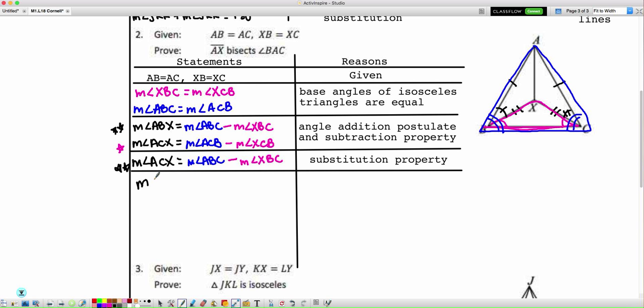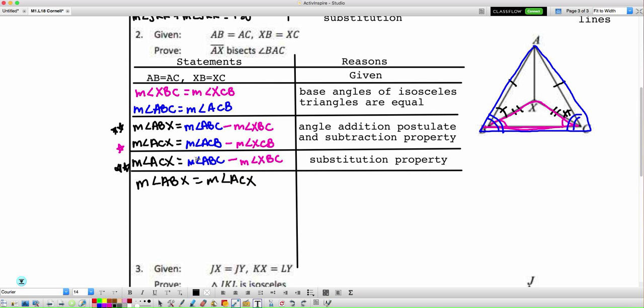So I can set them equal to each other. ABX equals ACX. When two things equal the same thing like that, I would use the transitive property. And now, hey, I have proven kind of what I wanted.